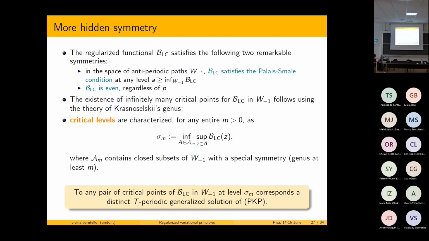Okay, and so what finally you can prove is that to any pair of antisymmetric critical points of this new action functional, at level sigma n, corresponds a T-periodic generalized solution of the starting problem. Okay, so this we call the hidden symmetry of the functional that produces infinitely many solutions.